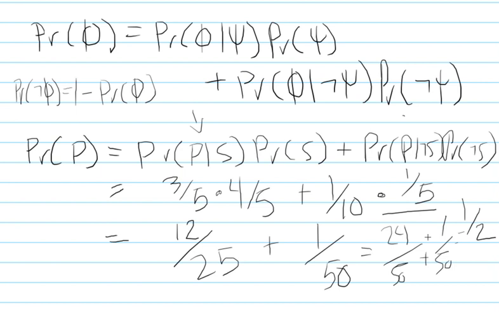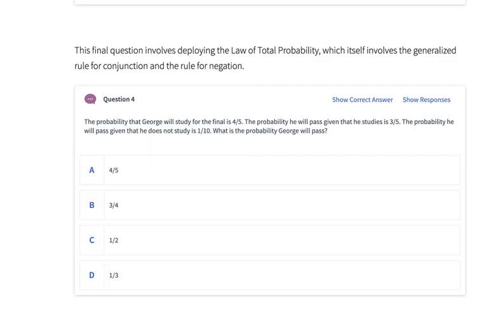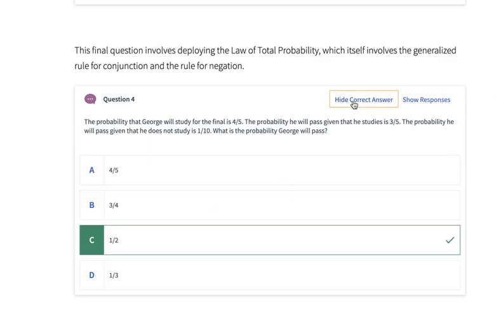So even though we're not sure whether George will study or not, we know the probability of him studying, and how likely he is to pass in either case. In that overall situation, the probability that he will pass is 1/2. And now we can easily verify that this is the correct answer to this question.